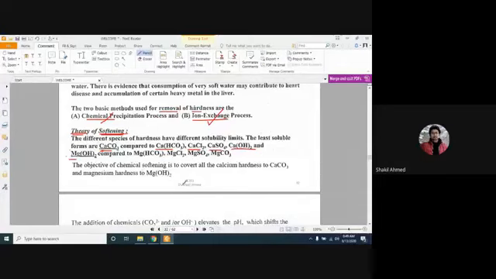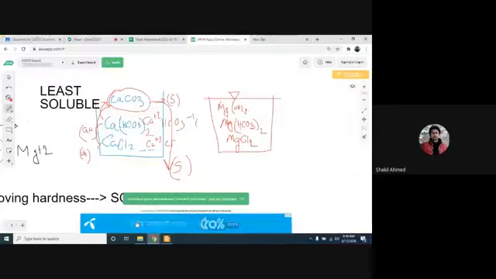Now among them, which one is the least soluble? Here there will be two. I mean, for calcium bicarbonate there should be two bicarbonates, and magnesium bicarbonate should have two here. Now among them, which one is the least soluble form?